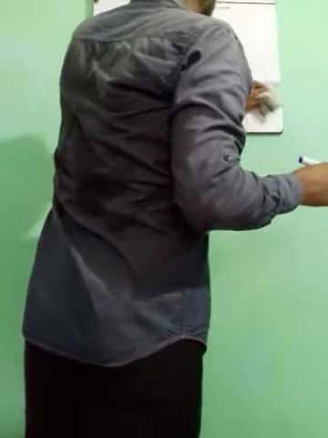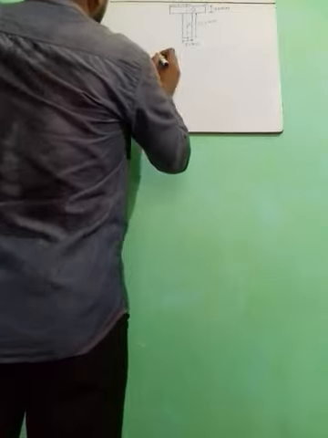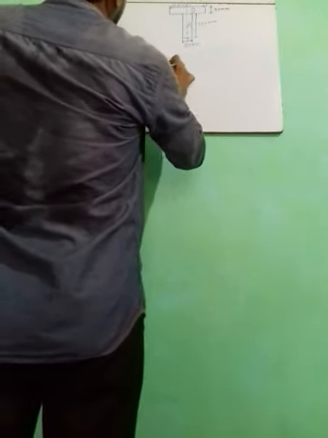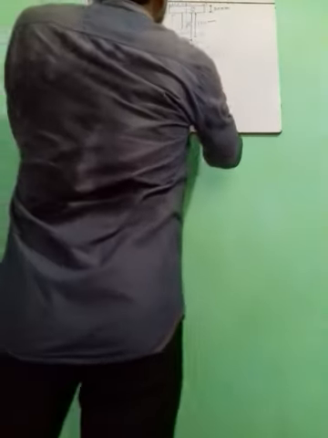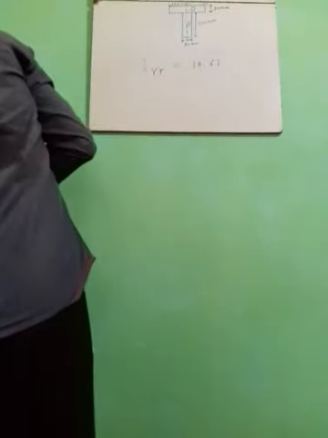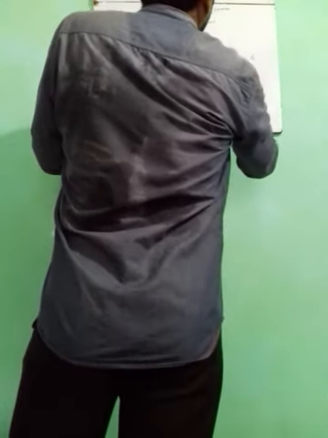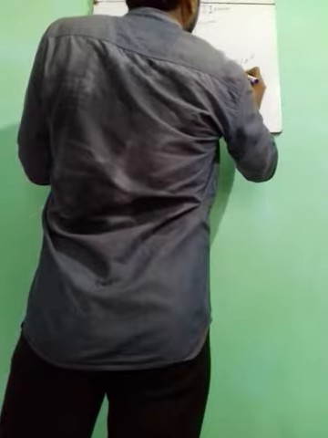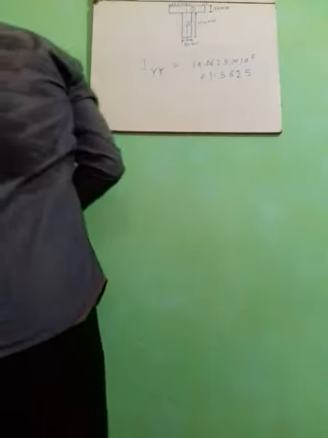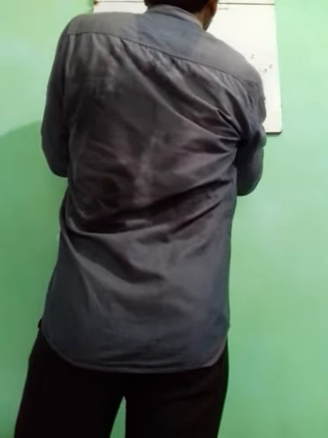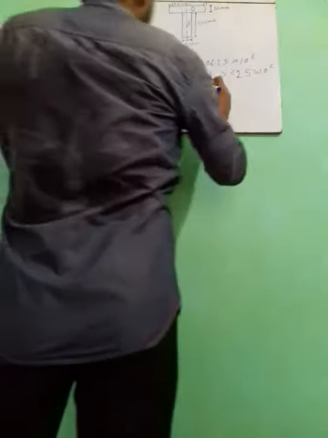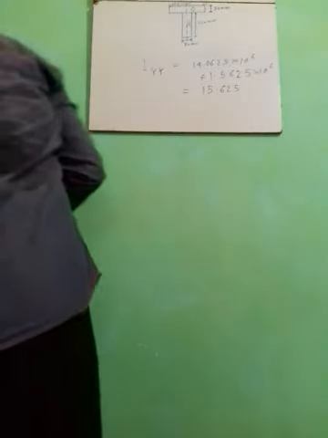And now the moment of inertia of the total figure about the y-axis, Iy, will be the summation of these two: 14.0625 into 10 to the 6 plus 1.5625 into 10 to the 6, equal to 15.625 into 10 to the power 6 mm to the power 4.